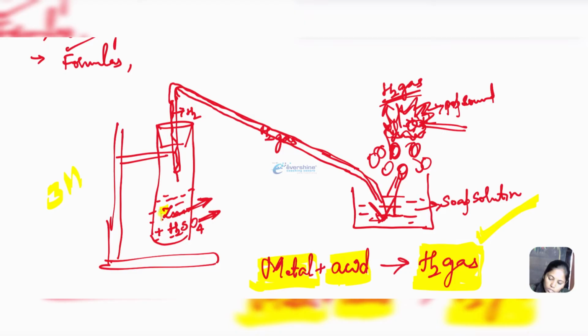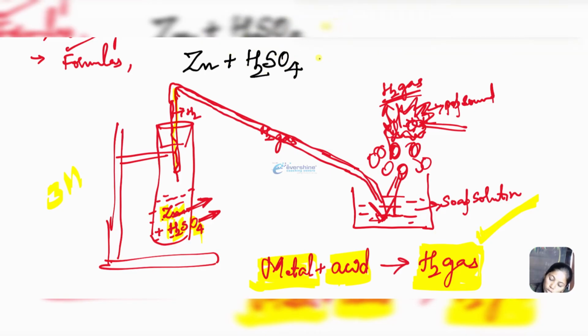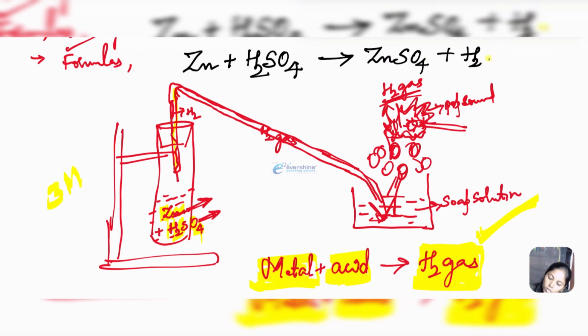So zinc plus H2SO4 reacts to give H2. Here we should write the reaction. Zinc means Zn, the zinc granule we have taken, and then we have taken sulfuric acid, H2SO4. Zn plus H2SO4 gives ZnSO4 plus H2 gas. ZnSO4 is zinc sulfate. The zinc sulfate will settle down in the test tube, but hydrogen gas will be liberated.